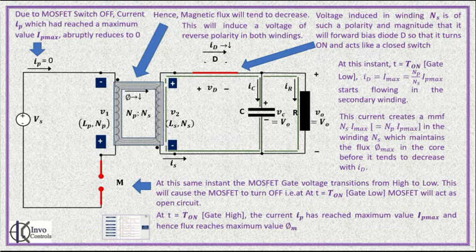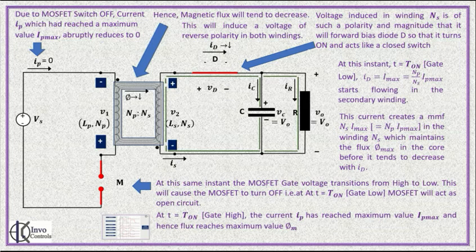A very important point to note is that at T on gate high, primary current is maximum at Ip equal to Ip max and diode current ID flowing in the secondary is equal to 0. Hence, at this instant, maximum flux phi m in the core is driven only by the primary winding magnetomotive force.